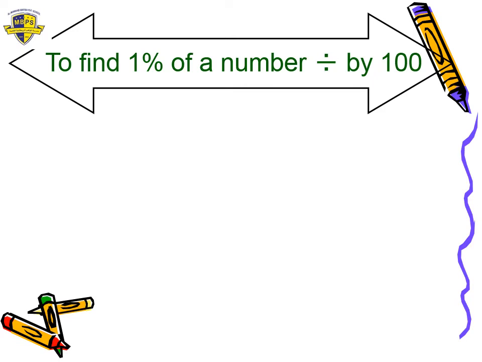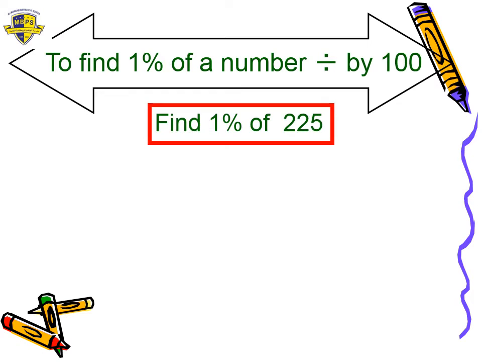So if you want to find 1% of 100, we say 100 divided by 100 equals 1. If you want to find 1% of 200, we say the number 200 divided by 100. So the rule, always you divide by 100.